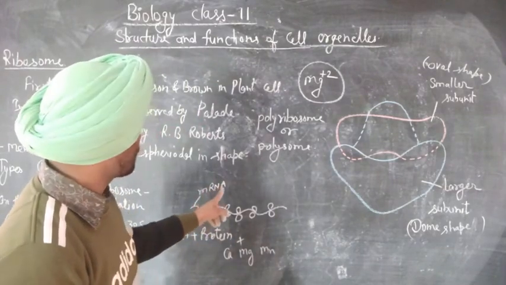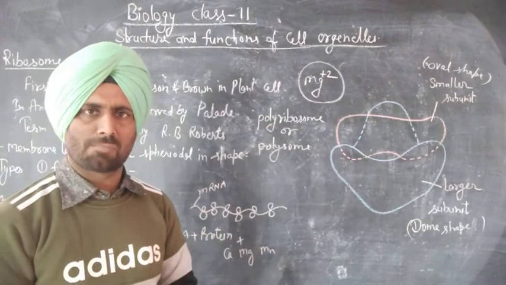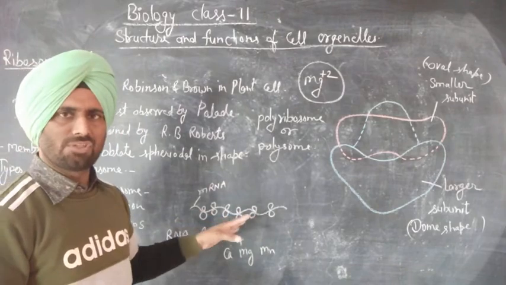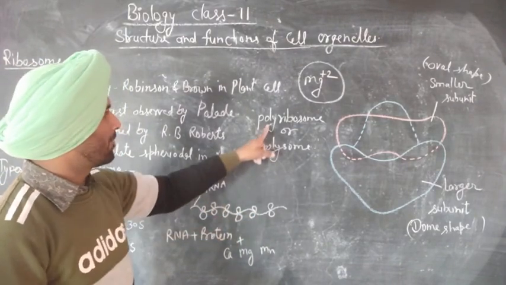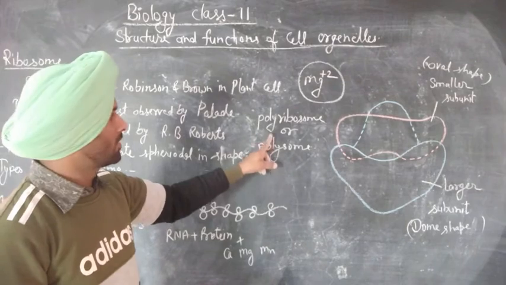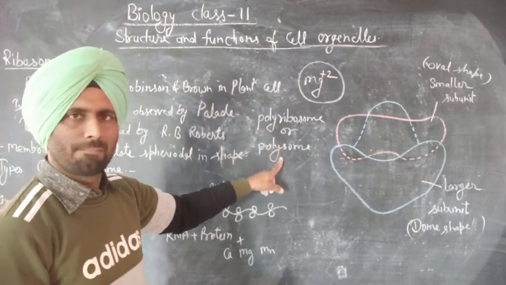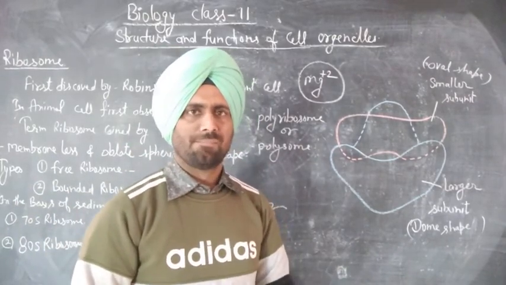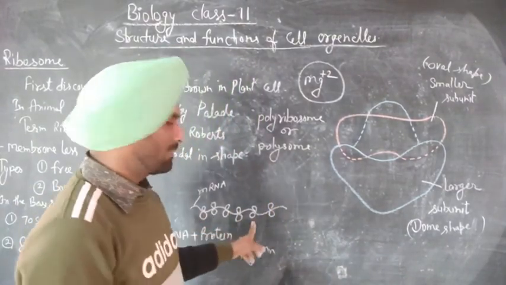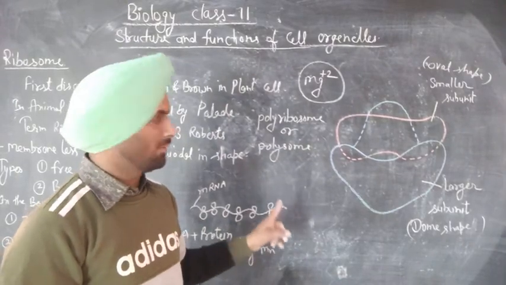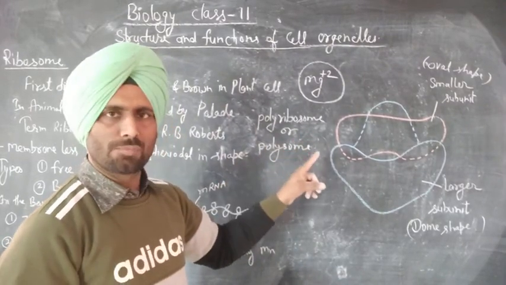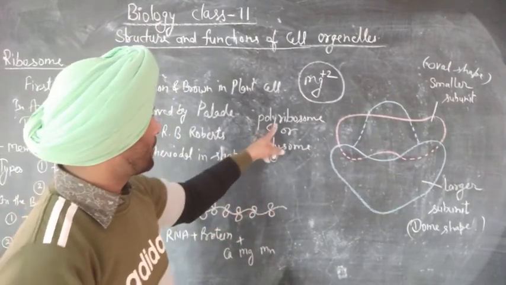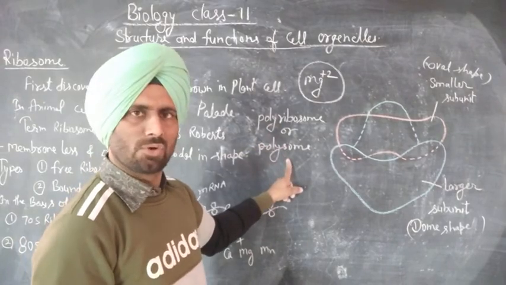When mRNA comes into the cytoplasm from the nucleus, the subunits of ribosomes attach on mRNA and form a chain that is called polysomes or polyribosomes.